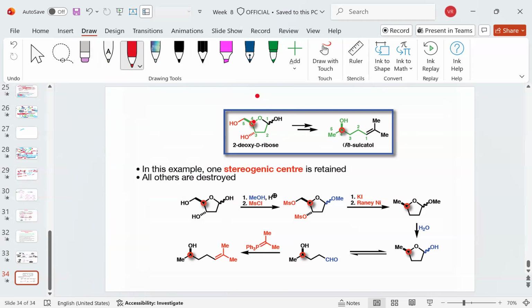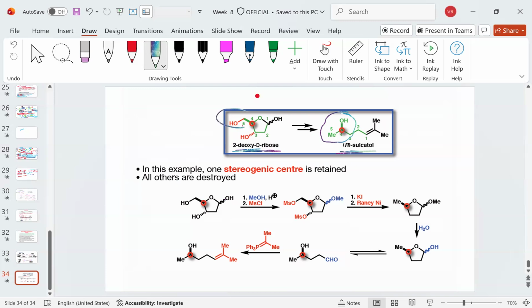Okay, so you can see this center is in the starting material and in the product. So that center is retained, and to get from 2-deoxy-D-ribose to R-sulcatol, they did this chiral pool approach.